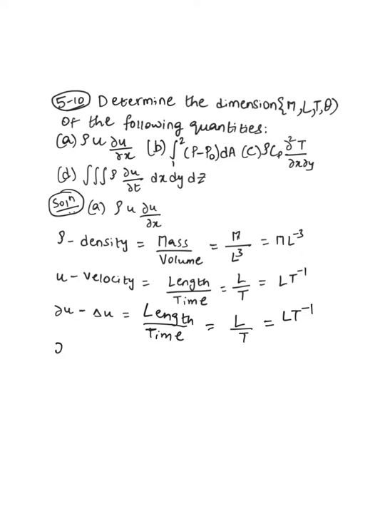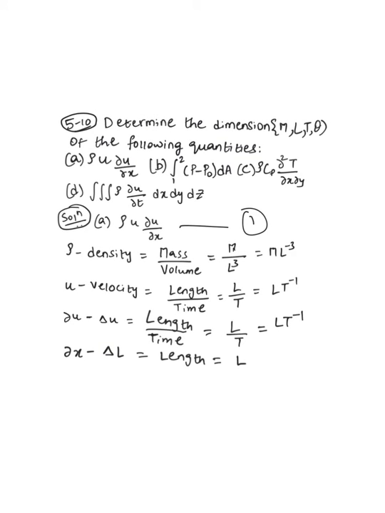Similarly, dou x means change in length. This can be represented by the basic dimension length, let's call this L. Now, once we have all these known variables represented as dimensions, substitute them into the basic quantity of rho u dou u by dou x, which is part A. Let's call this equation 1, and substitute all these into equation 1.